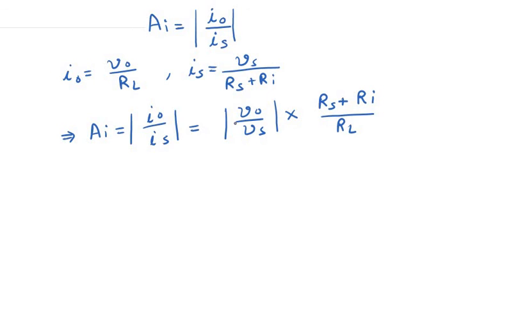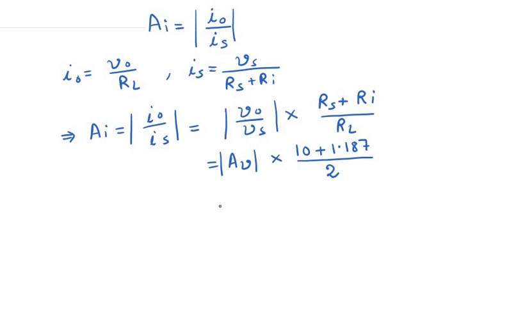And V0 divided by Vs is our voltage gain AV. Mod of AV into Rs, which is 10 kilo ohms, plus Ri, which we calculated earlier as 1.187 kilo ohms, and RL is 2 kilo ohms, so divided by 2.